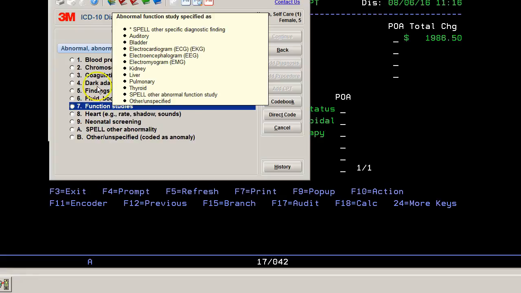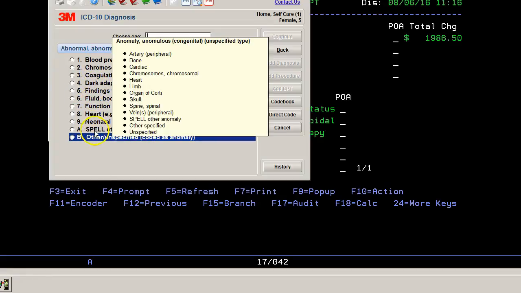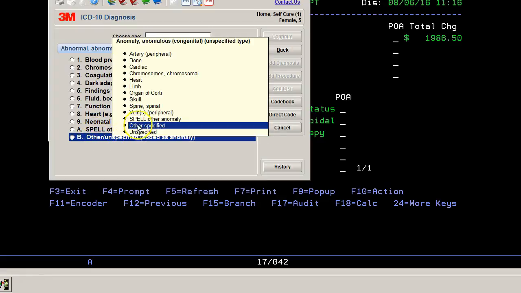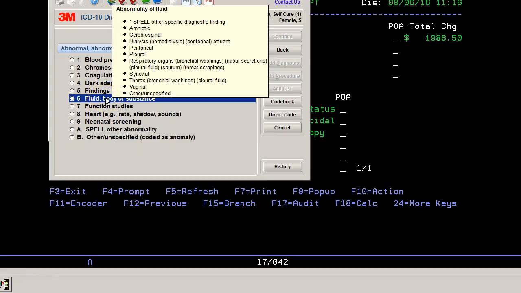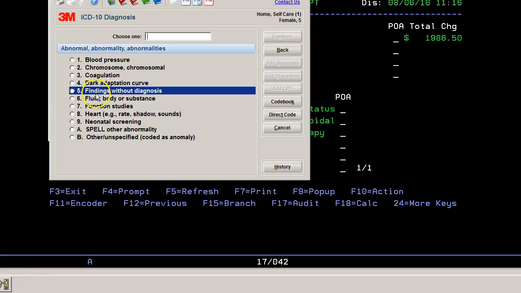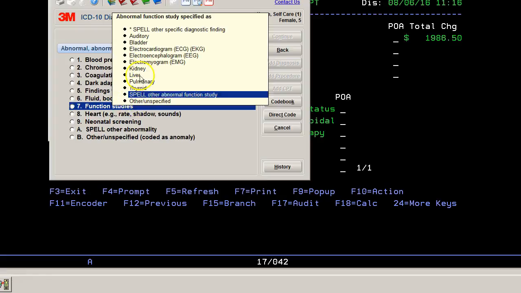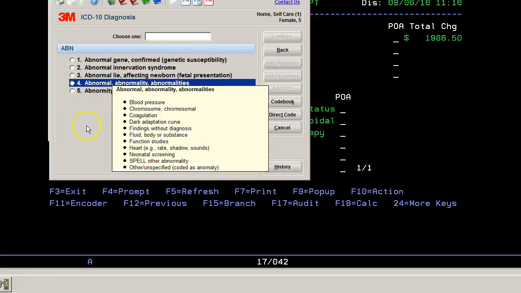Function study. Let me go. Urine, fluid or body substance. It will be much easier for me to do this with the manual.